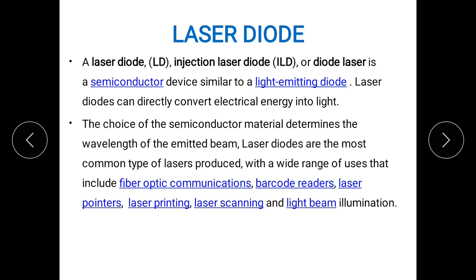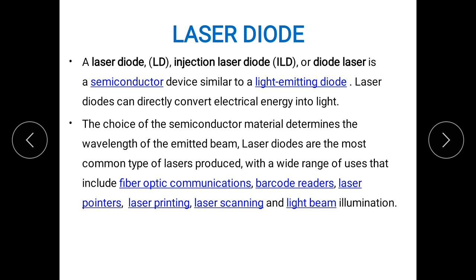And it is a type of semiconductor device which is similar to the light emitting diode. As we saw in the earlier video, the diode which emits the light is called a light emitting diode. And this laser diode is similar to the light emitting diode.